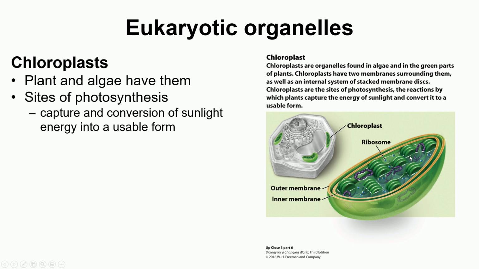Then the next organelle is chloroplast. This organelle is important for photosynthesis in photosynthetic organisms. The photosynthetic organisms are plants, algae, and some bacteria. Chloroplast has two membranes, an outer membrane and an inner membrane, and inside the inner membrane there are some disc structures, and there is a stack of these discs.